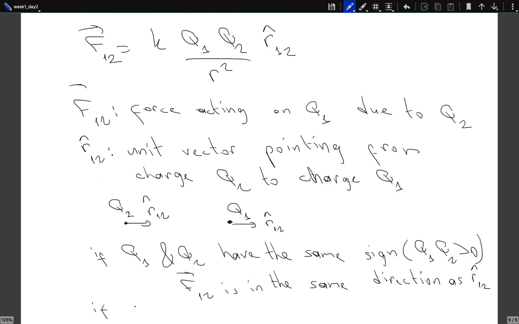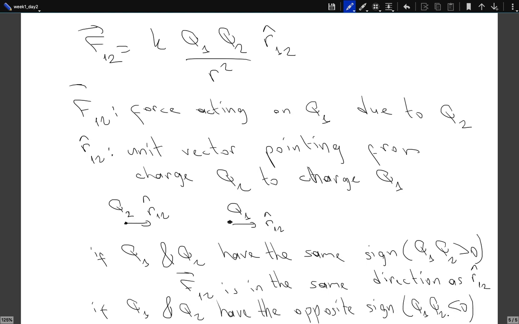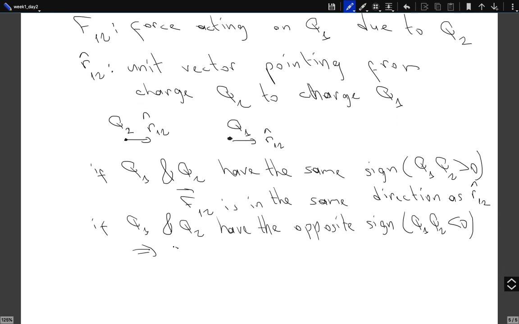Now, if they have the opposite sign, then Q1Q2 is less than 0, which basically means that F12 is in the opposite direction as R12.